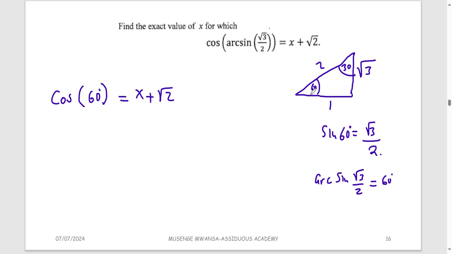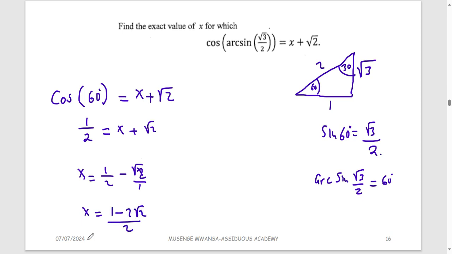Cos is given by adjacent over hypotenuse. Cos 60 is 1 over 2. So that gives us 1 over 2 is equal to x plus square root of 2. To find x, take root 2 to the other side. So x is going to be 1 over 2 minus root 2. This is over 1. So therefore x is going to be 1 minus 2 root 2 over 2. Simple. So that is how you find this one.